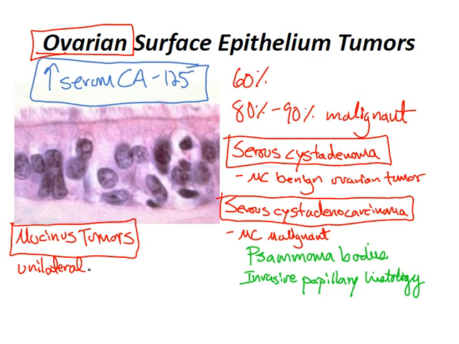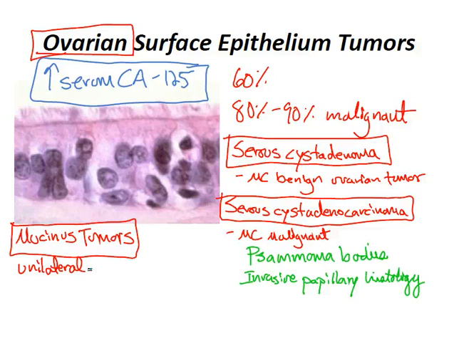Mucinous tumors are unilateral, solid, and often large. They're usually greater than 10 centimeters for cystic tumors. They're lined by endocervical-like mucinous cells. Now, the mucinous cystadenoma is a multilocular cyst lined by mucin-secreting columnar epithelial cells. It's filled with mucinous material, basically.